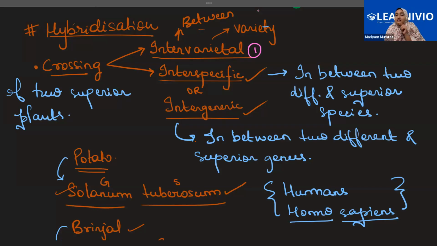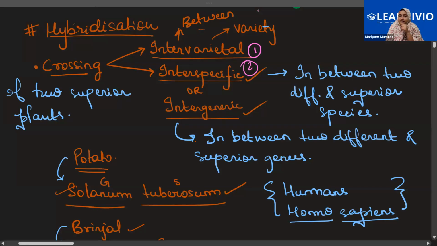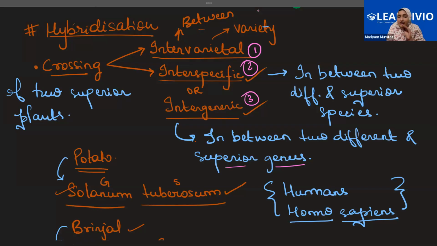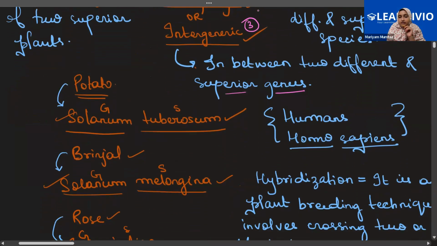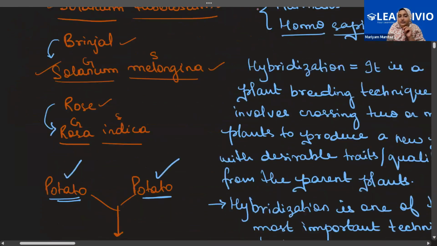Then comes interspecific, when it is done between two different species. Then comes intergeneric, when it is between two different genera. So hybridization can be intervarietal, interspecific, and intergeneric. Okay, any doubts, students?